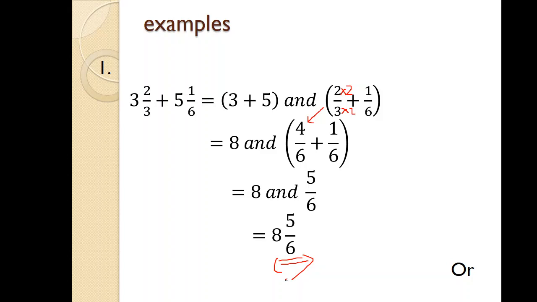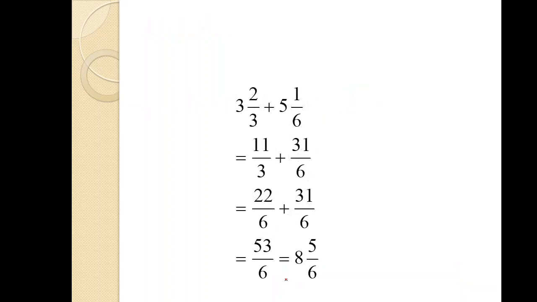Now let's look at the next method, where we have to convert to improper fractions first. We are using the same fractions, so let's see if you are getting the same answer. First you have to convert these mixed numbers to improper fractions.